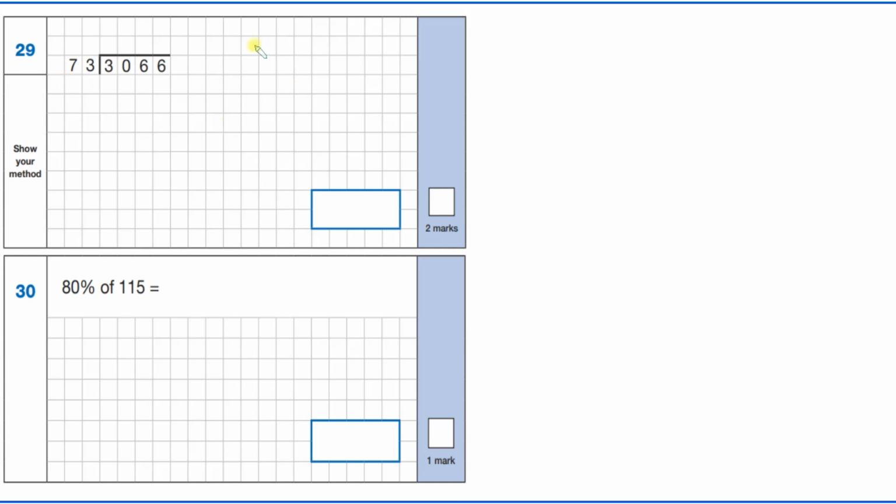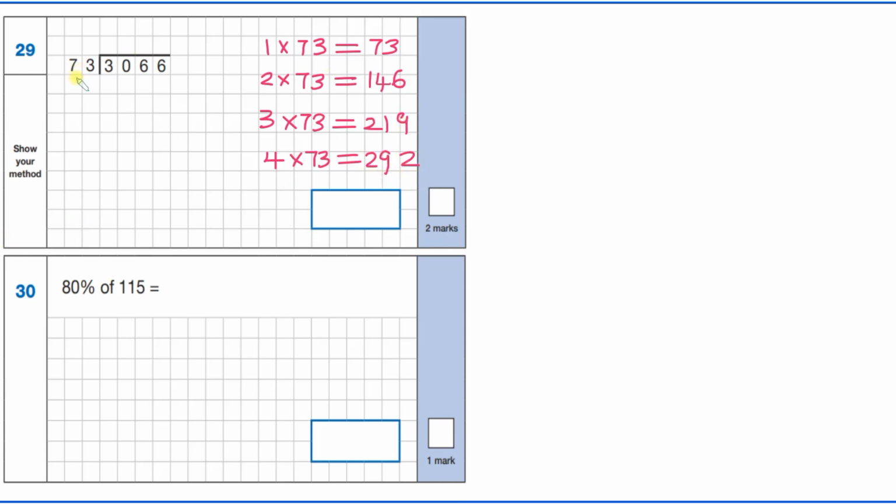So 73 is the number, so you need to write 1 times 73 is equal to 73, and 2 times 73, you can times slowly, 2 times 3 is 6, 2 times 7 is 14, 146, and again 3 times 73, take your time, 3 times 3 is 9, 3 times 7 is 21, and try 4 times 73. 4 times 3 is 12, 1 remaining, 4 times 7 is 28 plus 1, 29.